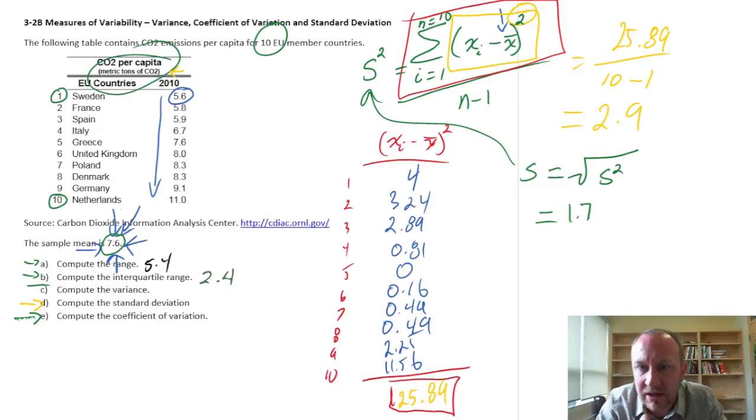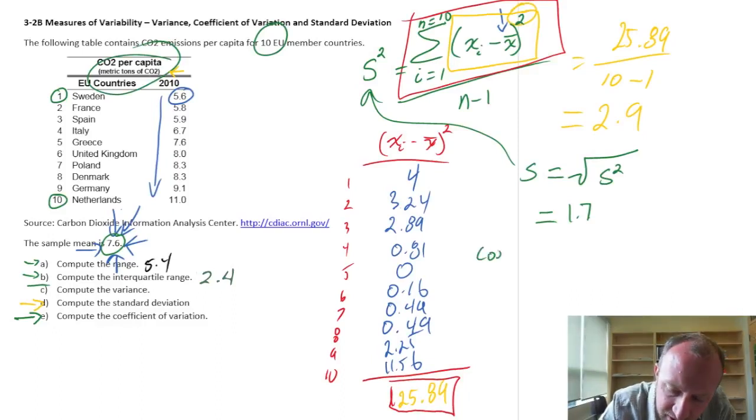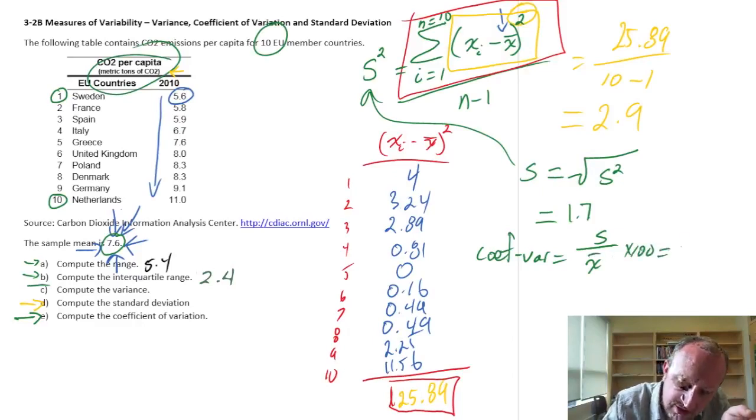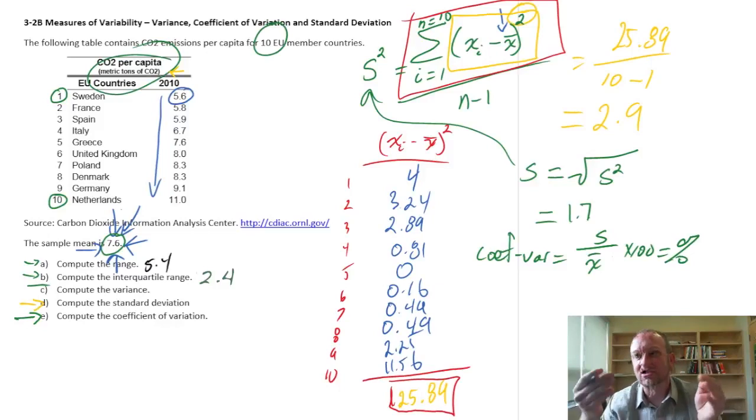coefficient of variation. Now this allows us to compare between data sets that have very different means and also very different standard deviations. The coefficient of variation, I don't have a notation for it, so let's just call it coefficient of var. This is just the standard deviation divided by the sample mean and times 100, so that we can speak in terms of a percentage.